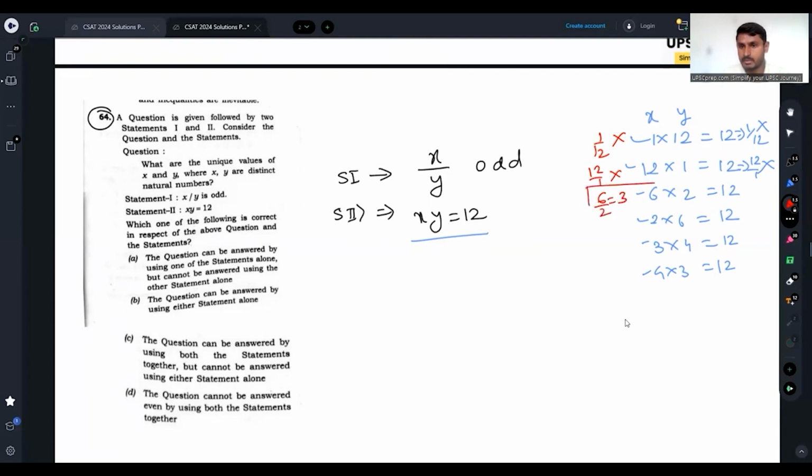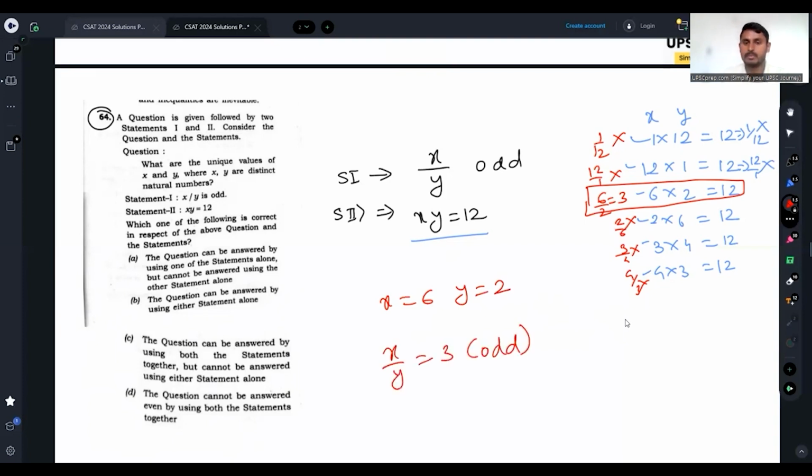So I can see this is one of the possibilities. 6 by 3 it is getting as odd. Again 2 by 6 not possible. 3 by 4 not possible. 4 by 3 not possible. मतलब I can say that x का value is 6, y का value is 2 and x by y I will get as 3, which is an odd number. This is the only possibility.